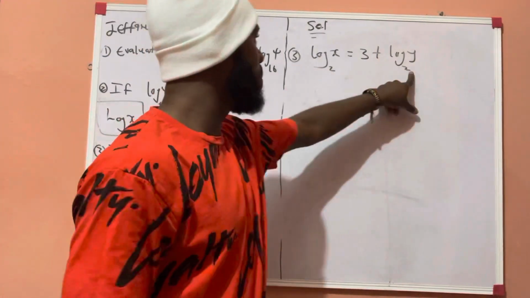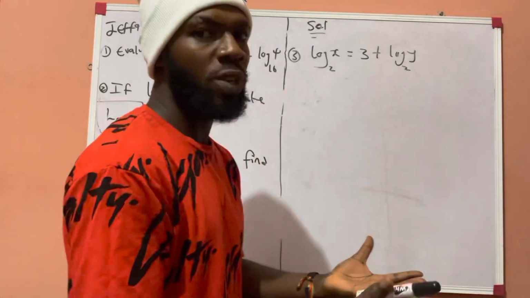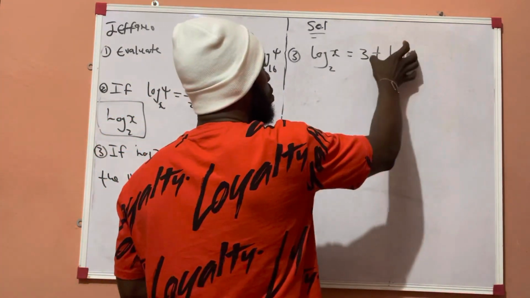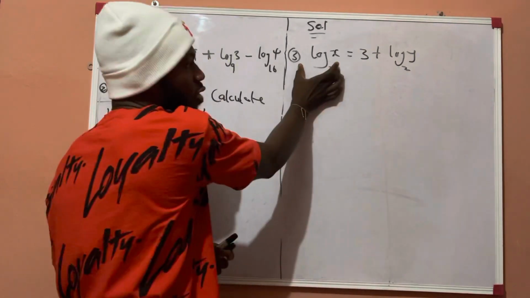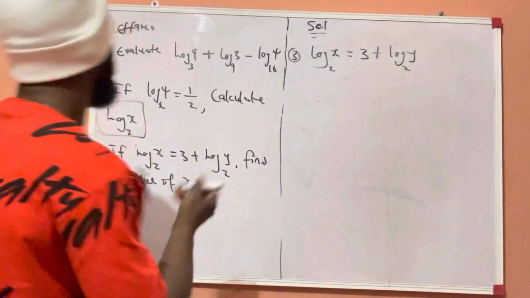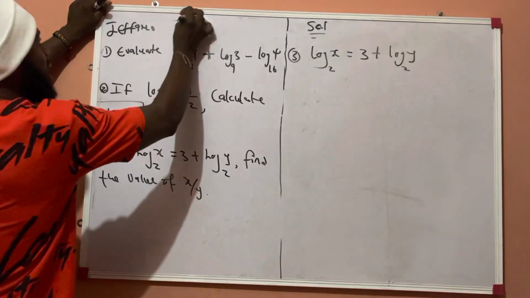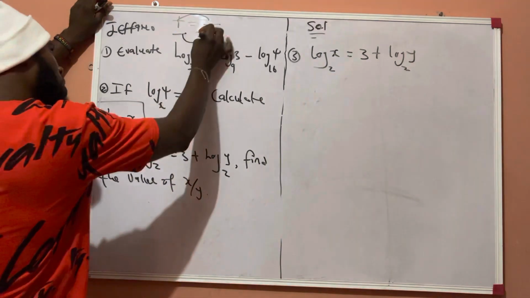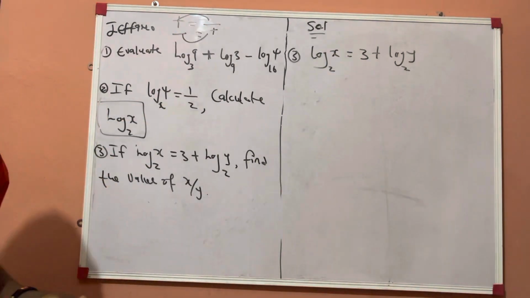Now let us see. The base here is 2, the base here is 2. Now let's put logs with the same base in one place. Now, when log y base 2 crosses the equality sign to meet log x base 2, it becomes minus log y base 2, because when plus crosses an equality sign, it becomes negative. And when negative crosses an equality sign, it becomes positive.